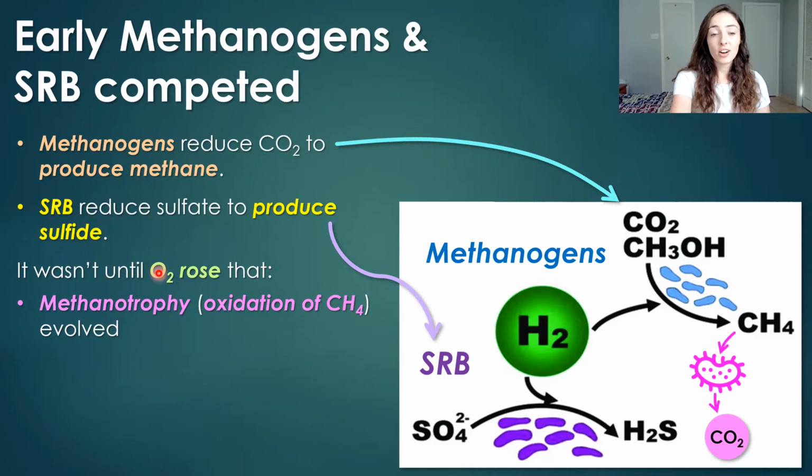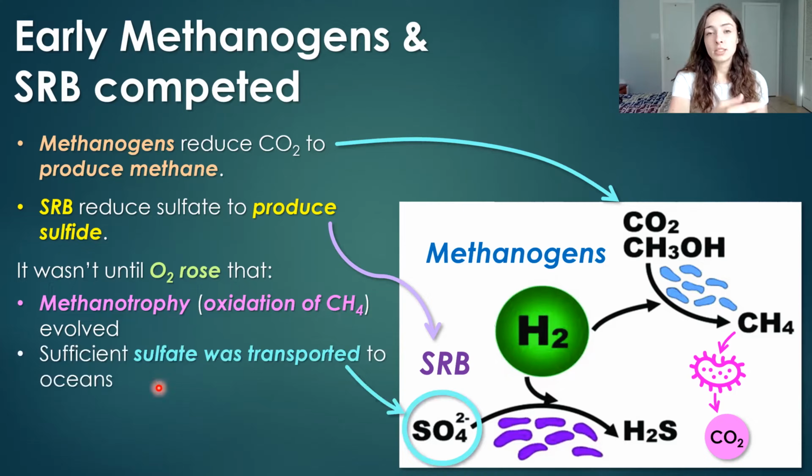However, it wasn't until oxygen rose that methanotrophy, the complementary process to methanogenesis, evolved, in that instead of producing methane by reducing it, they oxidize the methane and produce carbon dioxide. And then also, because of oxygen rise in the atmosphere, there was an increase in oxidative weathering of continental material that transported more sulfate to the oceans and led to a greater amount of sulfate reduction by SRB.